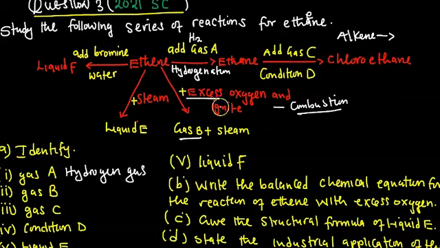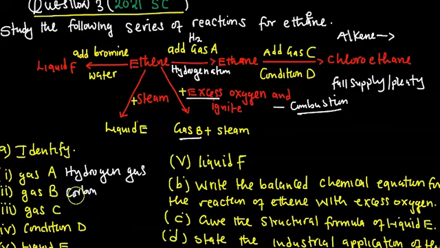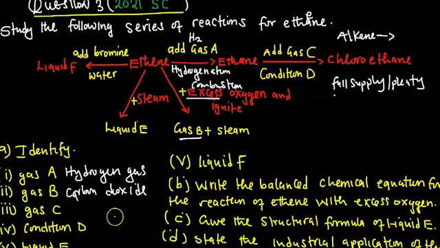So here, since they are saying excess oxygen, it means it is in full supply. So what is produced is carbon dioxide and water. Now, since this occurs at high temperature, the water is in steam form. So in short, gas B is carbon dioxide. Okay, carbon dioxide is gas B. And this process, please, is called combustion.